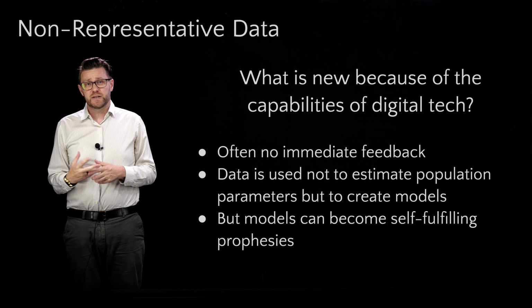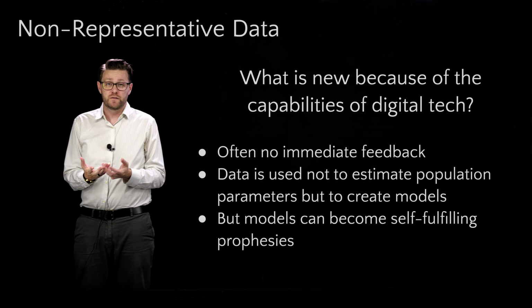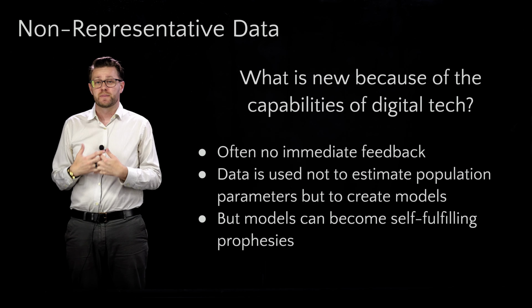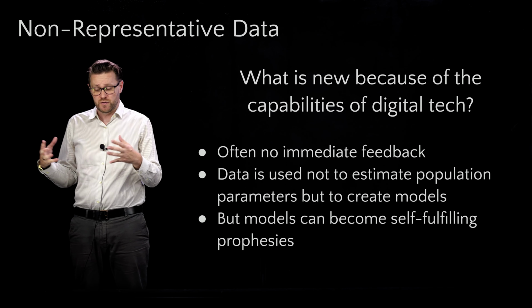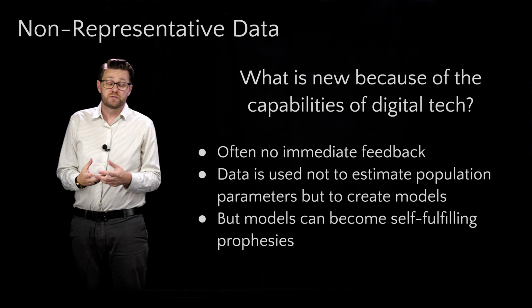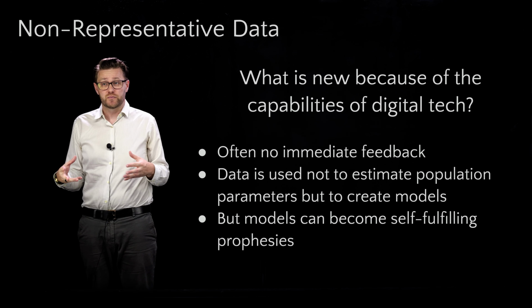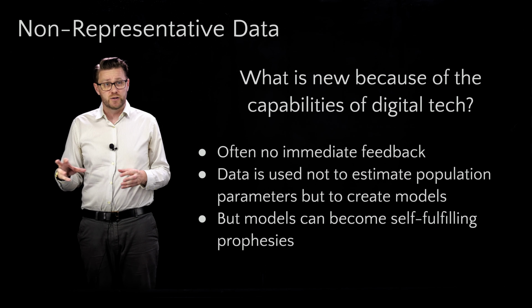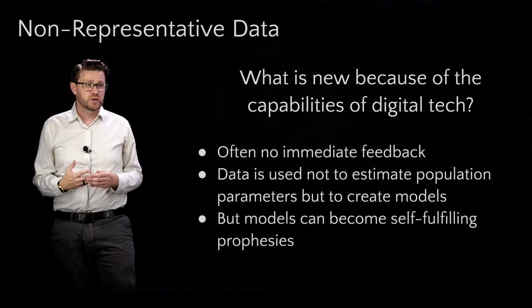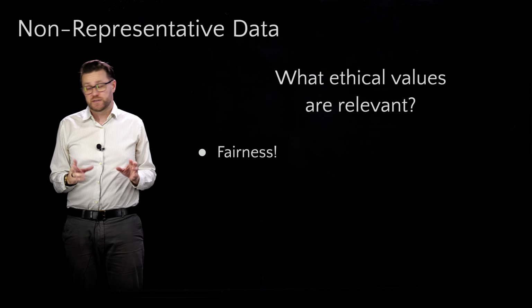So the particular problem is that the predictions that models make can become what I'm calling self-fulfilling prophecies. You've heard that phrase before, I'm sure. So the idea is that the model could have a bias that it got from having inaccurate or non-representative data, but the bias is self-reinforcing because the predictions that it makes, people live up to them, and so you don't get that feedback, that accountability of, oh, there's something wrong with our model. Sometimes you do, not all the time.